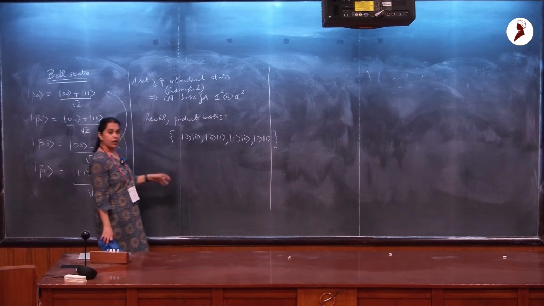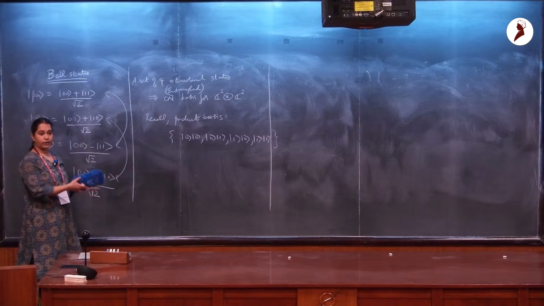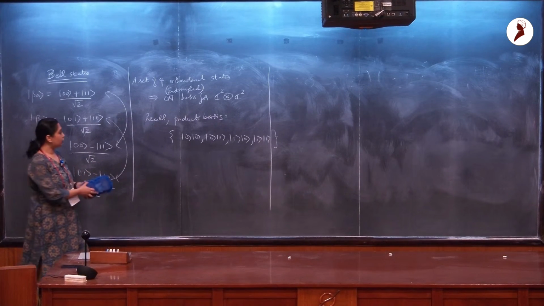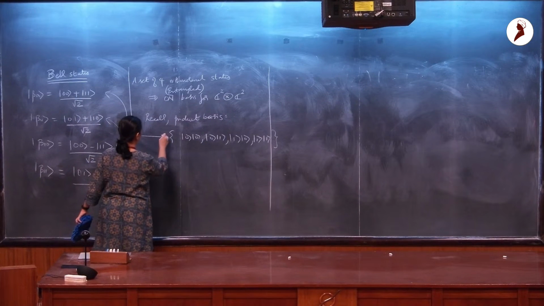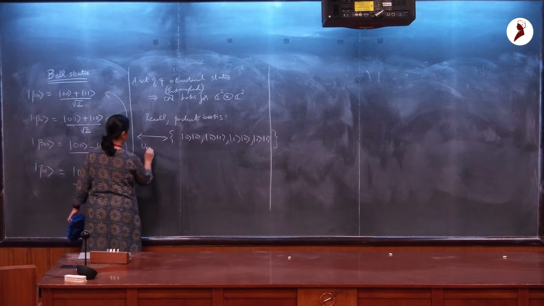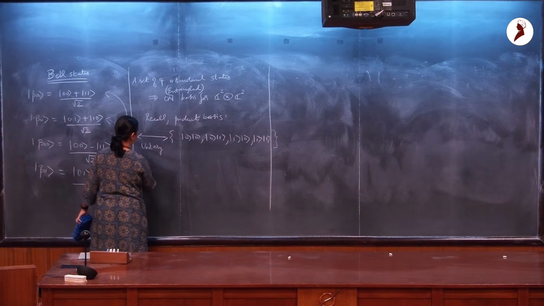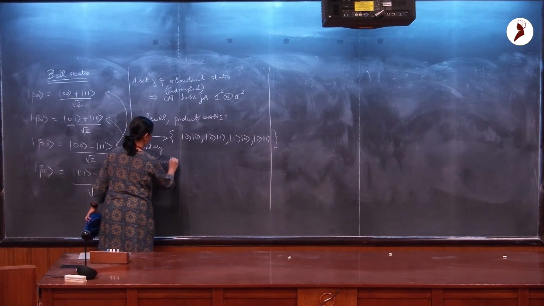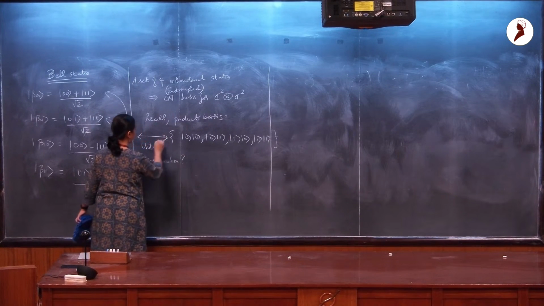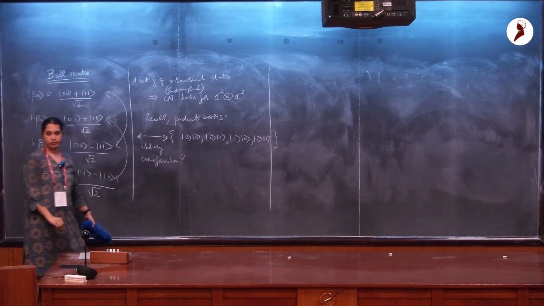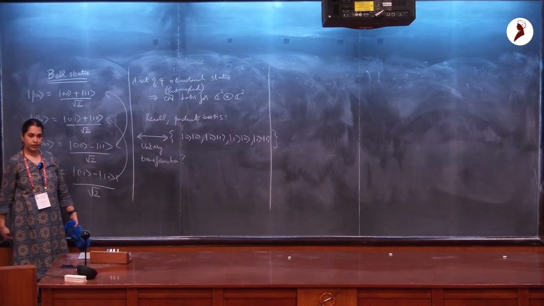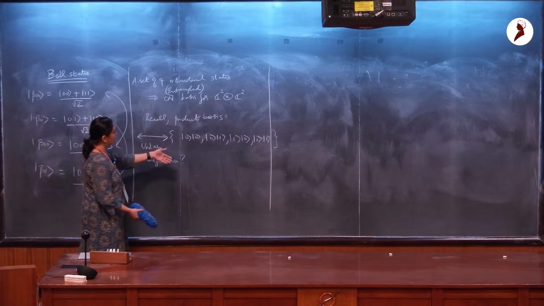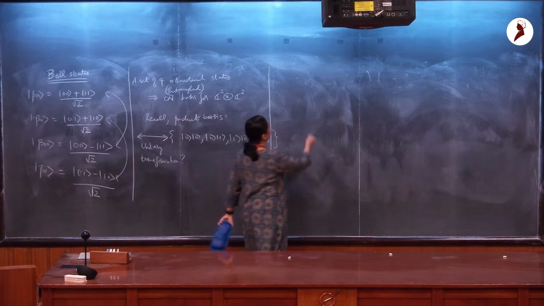So then I know that I can transform from one basis to another via unitary transformation, right? So there must exist a unitary transformation that takes me from this basis to that, right? Now, what kind of unitary transformations can I think of on this 2 qubit space?